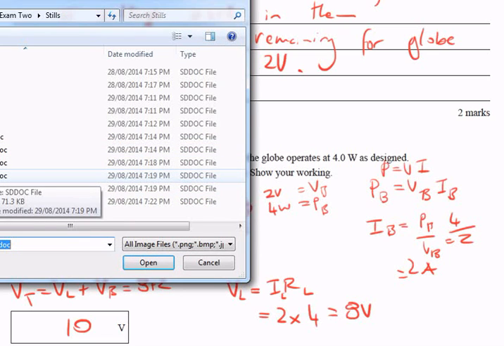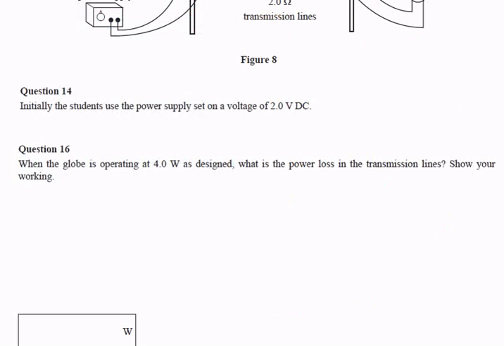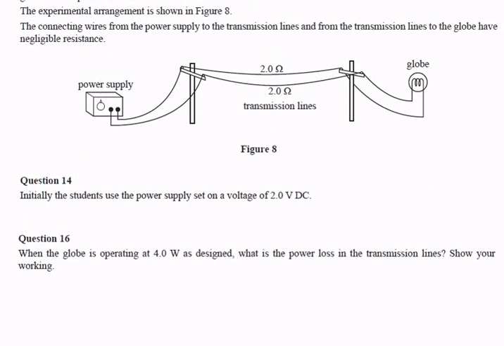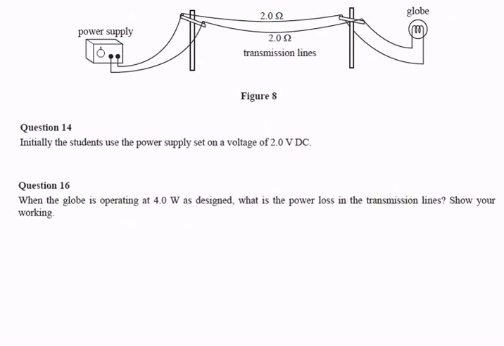This is question, I think 16, 17. Alright, I've got the picture here again, so we can figure out this next one. Question 16. When the globe is operating at 4 watts as designed, with 2 volts and 4 watts, what's the power loss in the transmission lines?